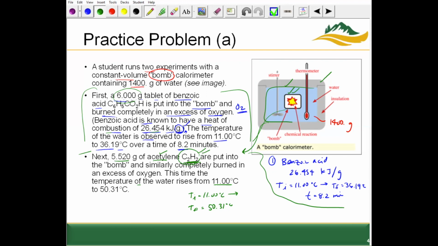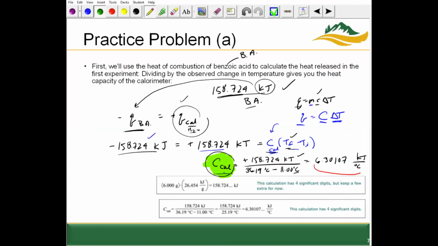Here we could look up information about acetylene, but we're going to figure it out. We're going to calculate it based on this experimental data. So we have the heat capacity of the calorimeter. Now we can use this piece of information to answer questions about acetylene now, rather than benzoic acid.